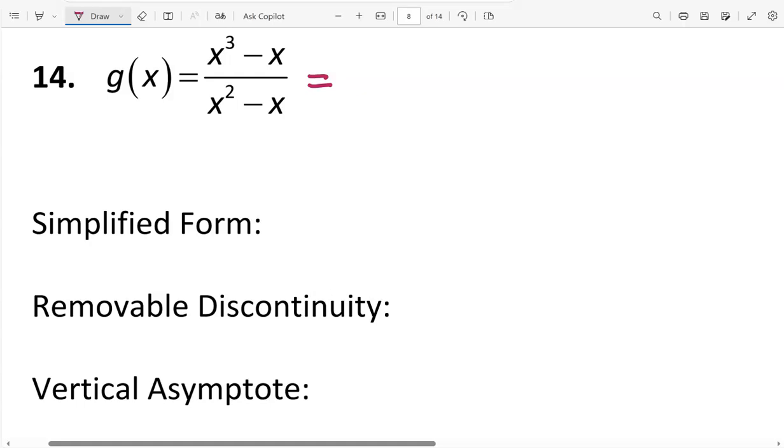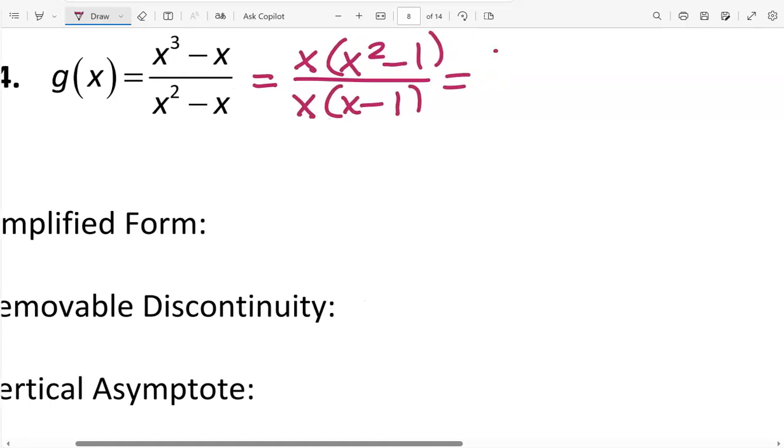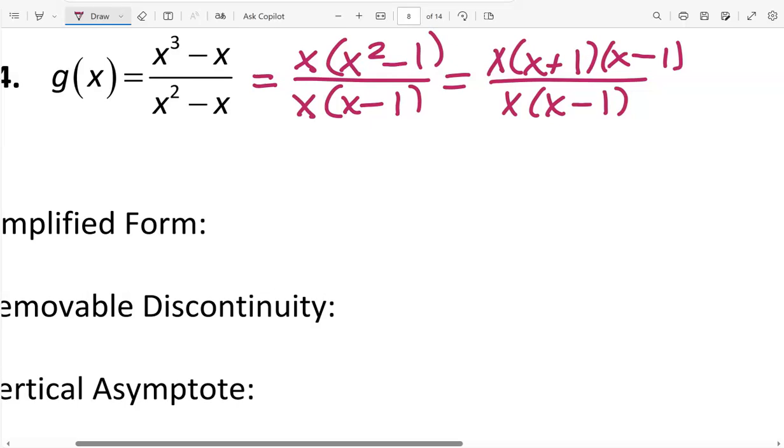Last exercise can definitely be simplified. A factor of x in the numerator and a factor of x in the denominator. The numerator can be factored further, x plus 1 times x minus 1. And that means both factors of x and x minus 1 can be canceled. So g of x is in simplified form x plus 1.